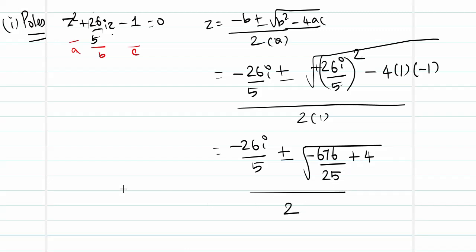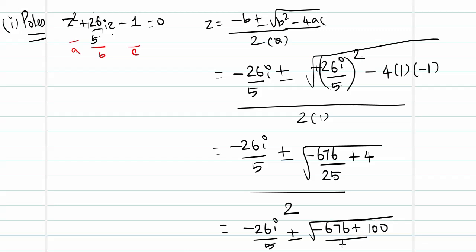Let me take the LCM, in which case this is going to be minus 26i by 5 plus or minus 676 plus 5 into 25 makes it as 100, the whole square root divided by, when this 25 comes outside the square root it becomes as 5, the whole thing divided by 2. Let me simplify this furthermore.